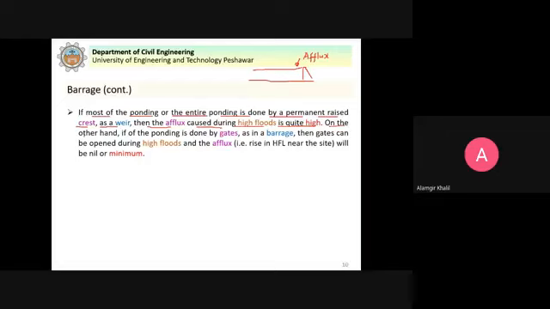On the other hand, if most of the ponding is done by gates, that is in a barrage, then gates can be opened during high floods, and the efflux, that is rise in the high flood level near the site, will be nil or minimum.